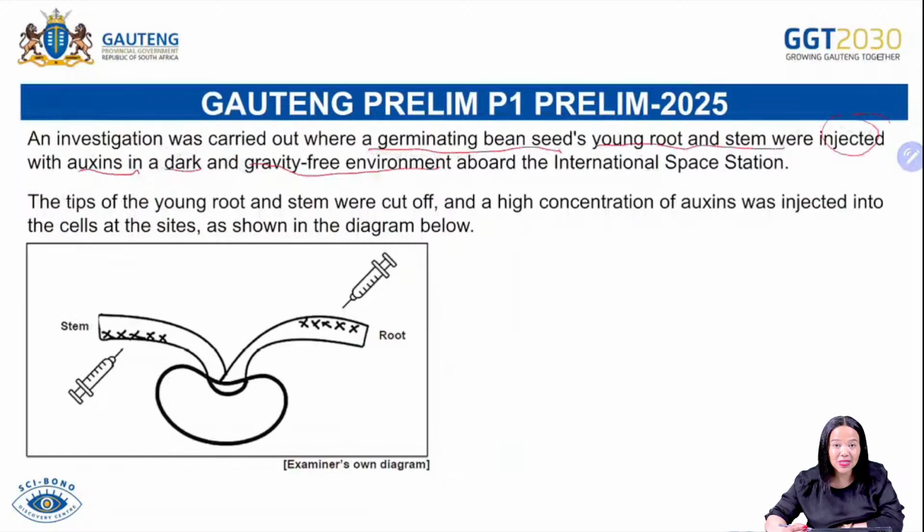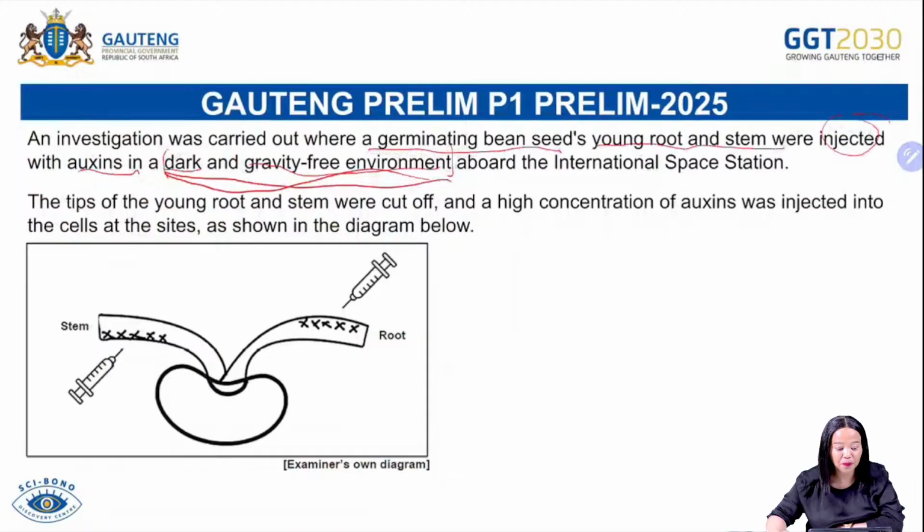So that simply means as well the effect of gravity was what? Was eliminated. I think that is what most learners missed. They did not read the question with understanding to say, in this experiment, the effect of light was eliminated, the effect of gravity was also eliminated.